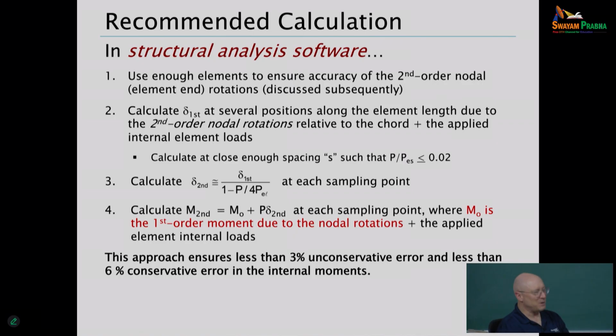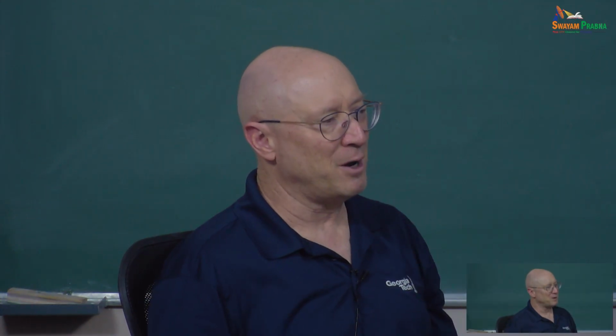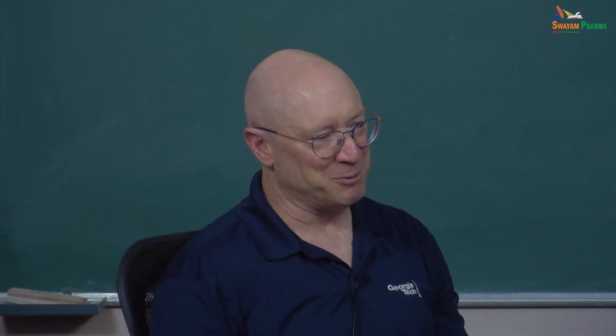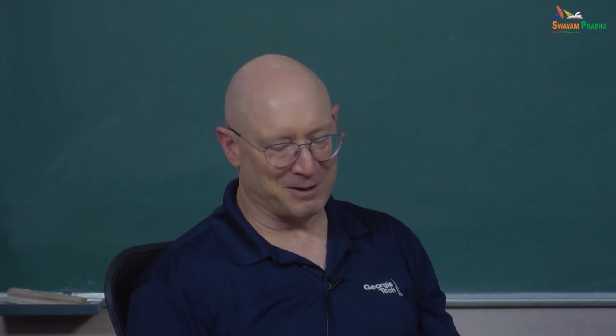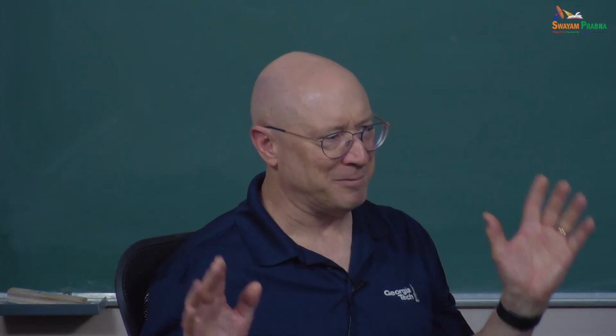And we'll see that in many situations, it's still good enough because we're going to use enough elements where it's not a problem. If you look at any software I know of, when they draw a moment diagram or when they give you moments at a given location, it can be accurate second order moments at the nodes, but then, okay, what is being drawn or provided between the nodes, they're not including any P-small delta between the nodes. Okay? And it's not necessarily a problem.